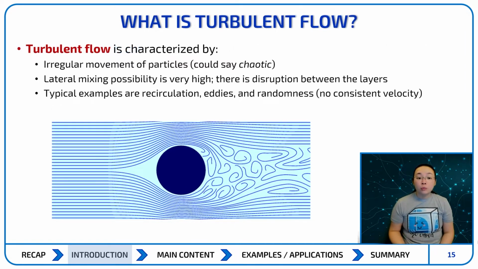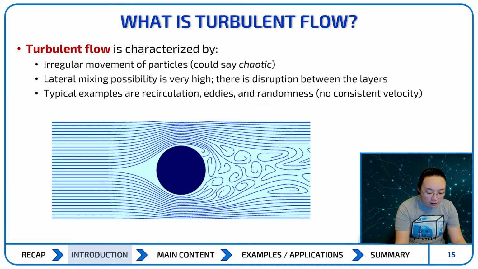Now, what is turbulent flow? Turbulent flow is characterized by, number one, the irregular movement of particles. So you no longer have smooth lines across the entire image. You have chaotic behavior that ends and doesn't really start again on the other side.